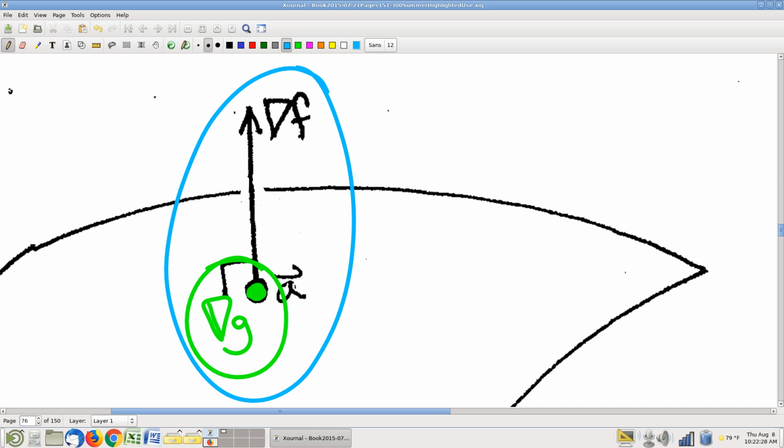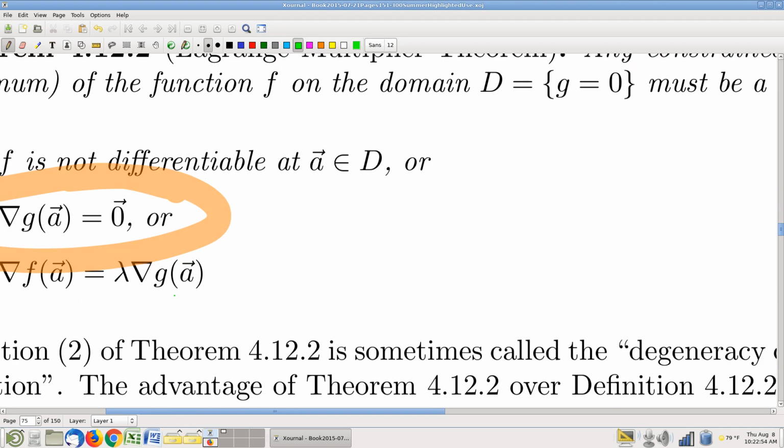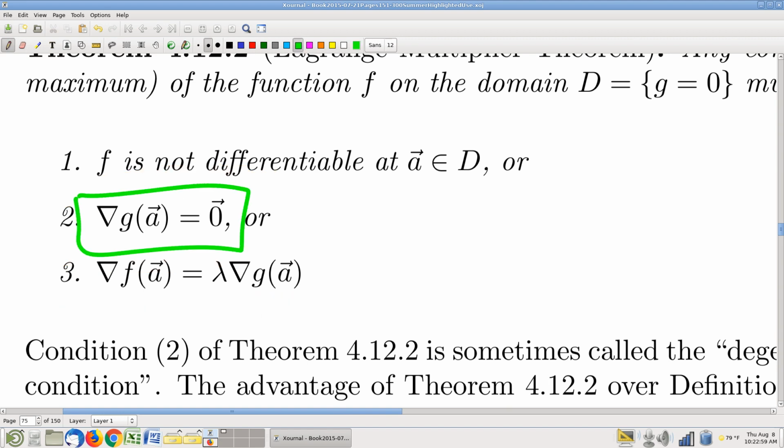And yet, this still could be a maximum, right? Look, our objective gradient is still perpendicular to the surface. This could be a maximum. I would not find it with the Lagrange condition, the multiplier condition. So this is something you've got to worry about. When that constraint gradient is 0, that could be a maximum that you would just never notice looking only at that condition. So you've got to have this one as a condition as well.